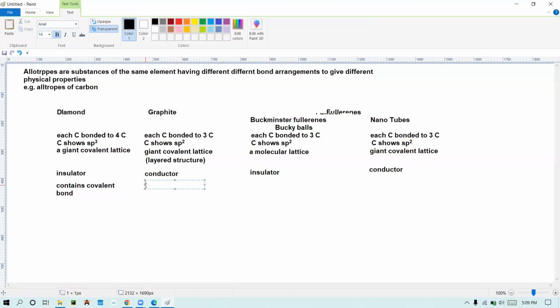Graphite contains covalent bonds and van der Waals forces.